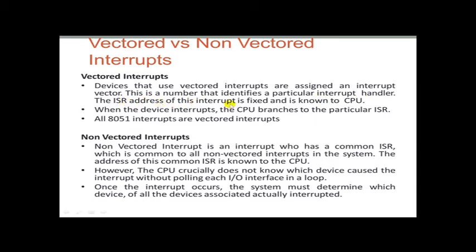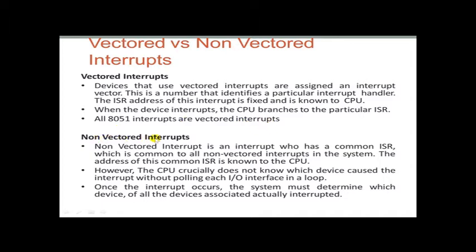The address of this interrupt service routine is fixed and known to the central processing unit. When a device interrupts, the central processing unit branches to the particular interrupt service routine. All the 8051 interrupts are vectored interrupts.